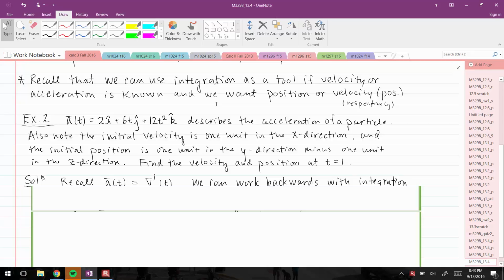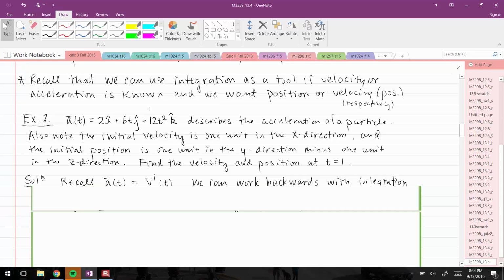Fundamental Theorem of Calculus Part 1, back from Calc 1, essentially allows us to do that. Integrating and taking the derivative are undoing each other. There are some details in there, but that's the essence of the idea. So let's go ahead and do example 2.